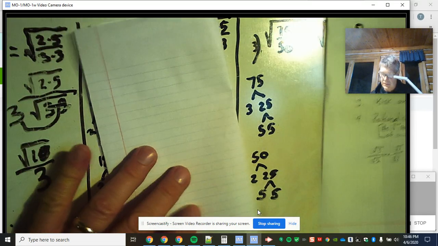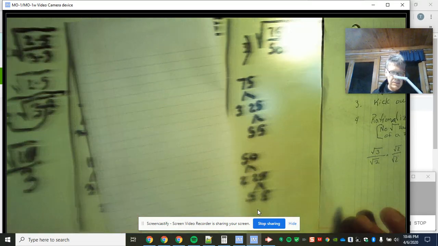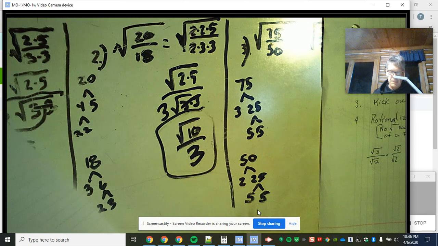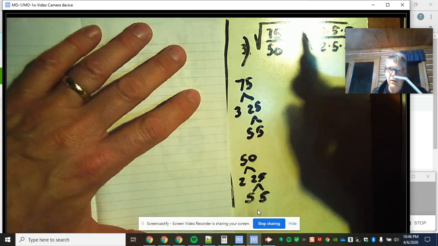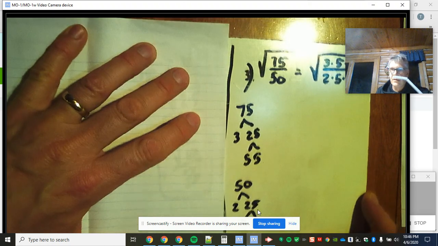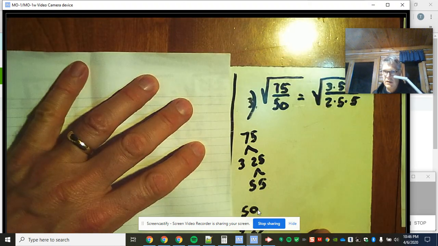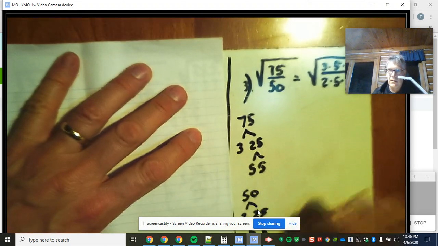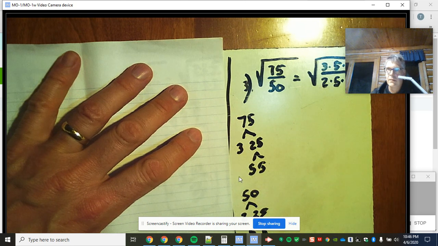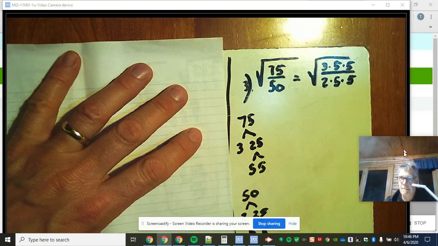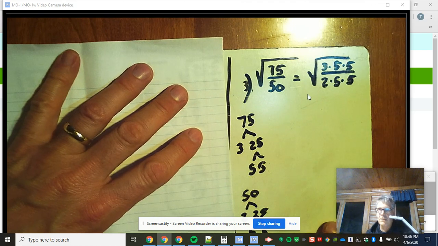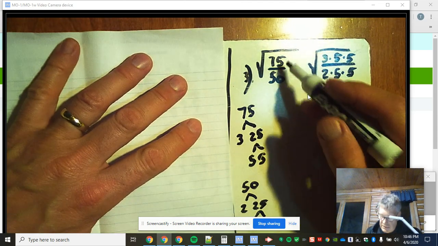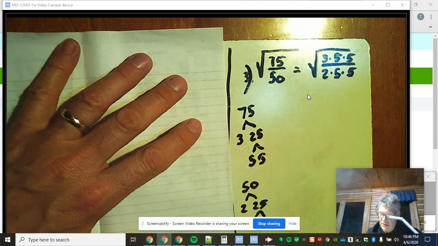And now your last type of problem. I broke 75 down already in the prime factorization.